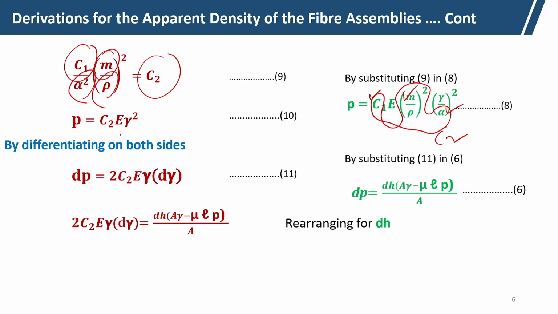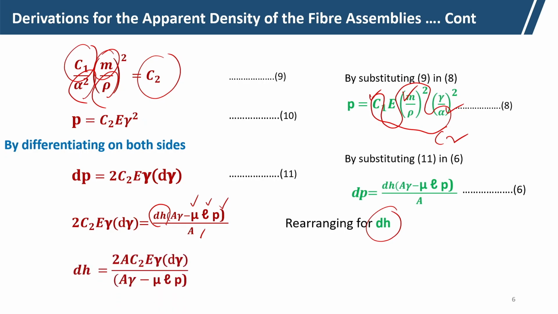So this becomes 2 C2 E gamma d gamma equal to dH A multiplied by A gamma minus mu L P divided by A. Now we are rearranging it for dH.